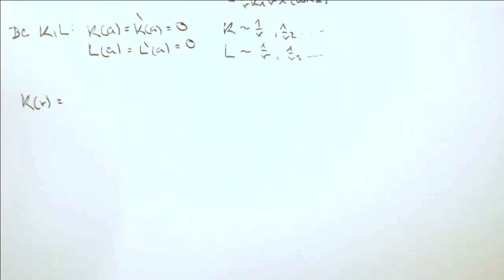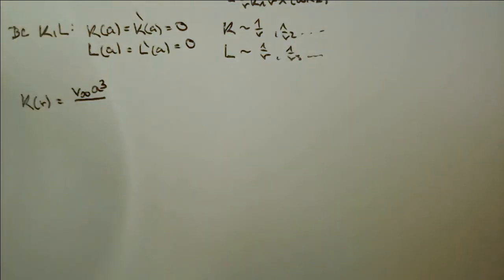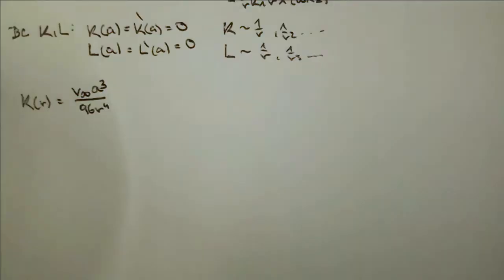So k and L as functions: k as a function of r is equal to v infinity a cubed over 96. These are my solutions. They can be wrong, but you can check me if they are.